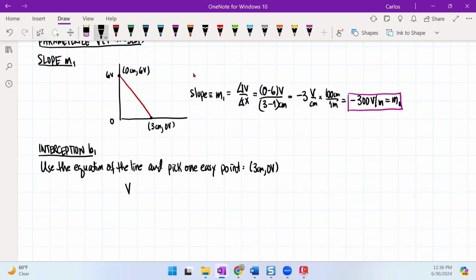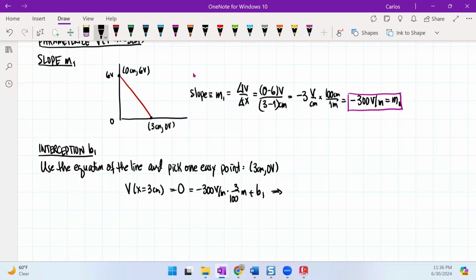So here's what I do. I'm going to say that V at x equal to 3 centimeters is going to be 0. But we already saw that the slope was minus 300 volts per meter, and our x value is going to be 3 divided by 100 meters, plus B1.